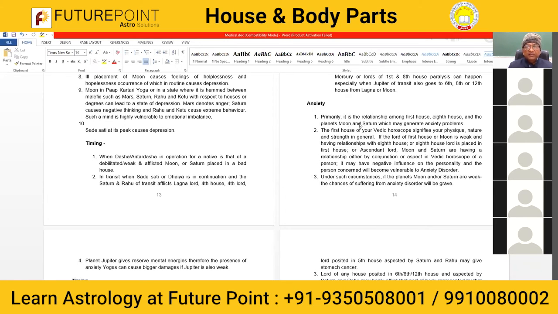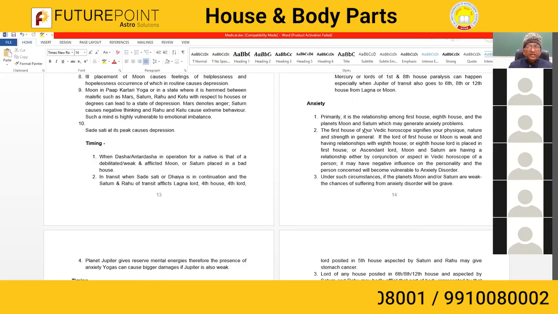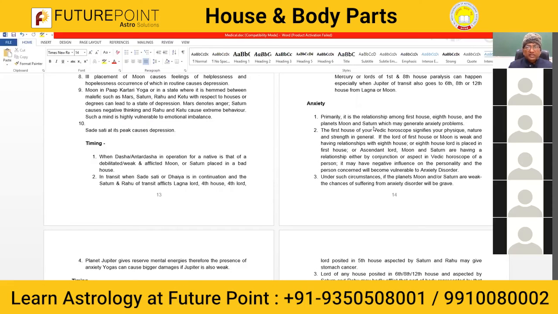If they are away from 5 degrees, then the problem is not severe. If the distance is more than 10 or 15 degrees, and if it is more than 15 degrees, then the problem is not there at all. Up to 15 degrees only, you can say that the problem is there. Below 5 degrees, the problem is severe. And Moon, either with Saturn or with Rahu, both ways the anxiety problem occurs.